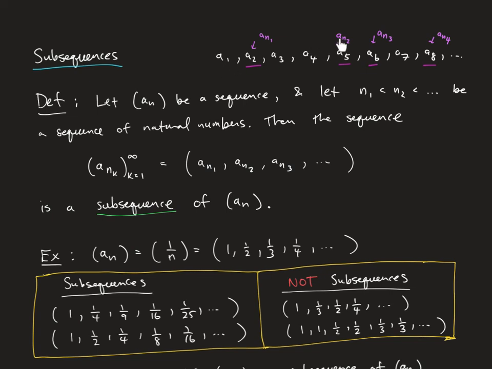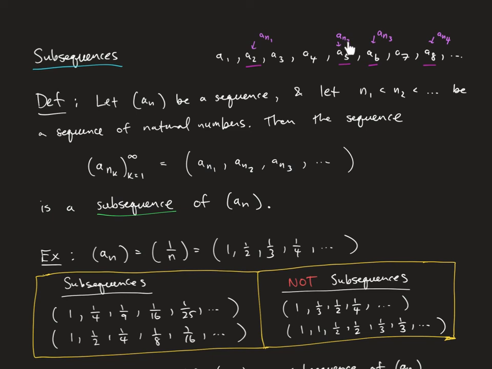And then for the next thing in your subsequence, you can jump over any amount that you want, right? If you're starting at a1, you could jump over just 1 to a2, but you could also jump further than that. So your n2 is always going to be at least as big as 2. And it's only going to be 2 if the first element of your subsequence was a1 and you only jumped over by 1. Since you can jump over as far as you want, and you're free to pick wherever you start, the kth element of your subsequence is going to be further along than k itself.